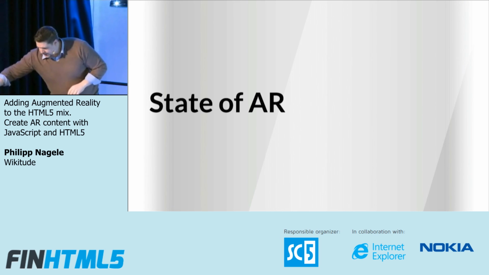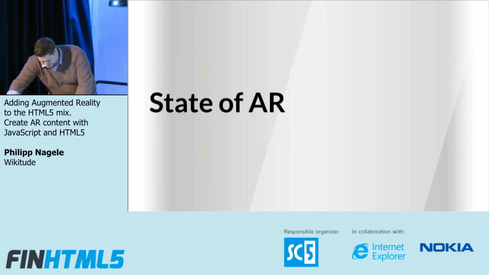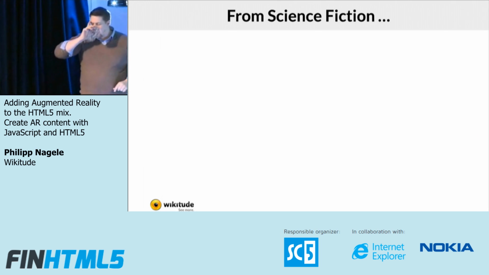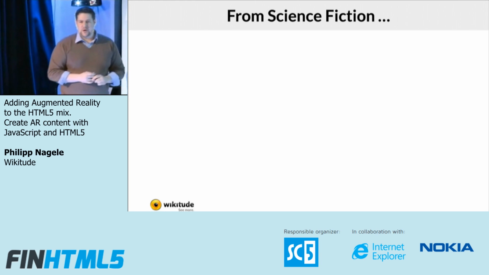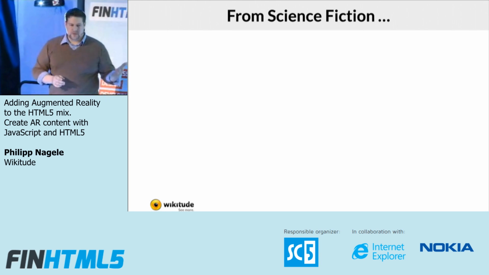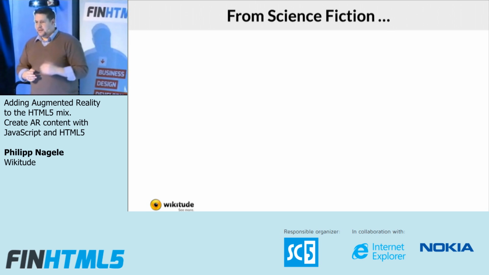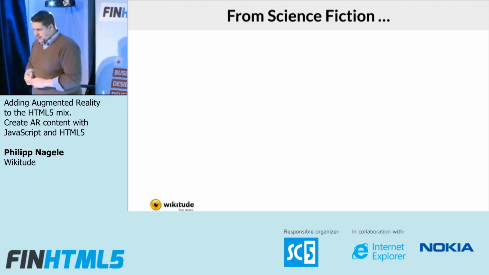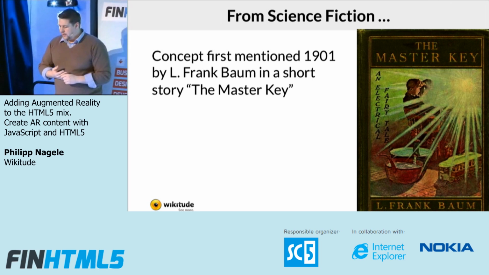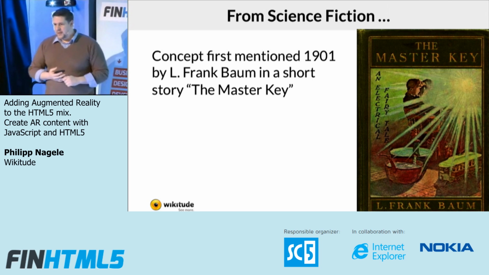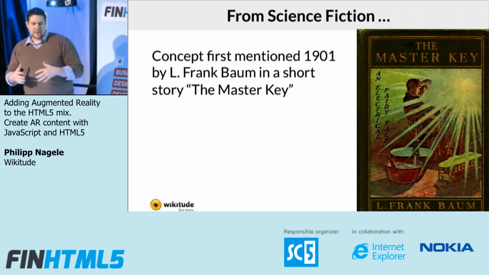If we go a little bit back in time, augmented reality, like a lot of technologies we're currently using, was first mentioned in science fiction books. It actually goes back to 1901, where the author Frank Baum mentioned a device which can detect things around you.